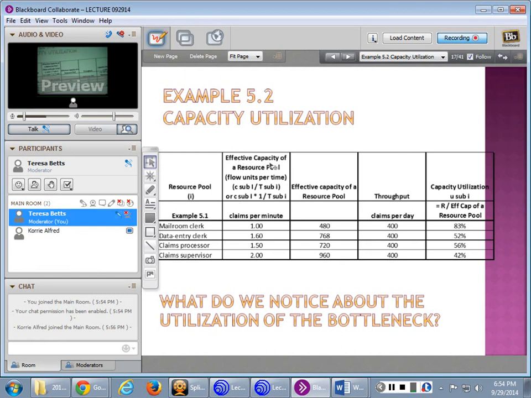So we've taken the effective capacity of a resource pool, and we know that a mailroom clerk is 1 claim per minute, a data entry clerk is 1.6 claims per minute, a claims processor is 1.5 claims per minute, and a claims supervisor is 2 claims per minute. Okay? The third column of the table lists the capacity utilization of the various resources.